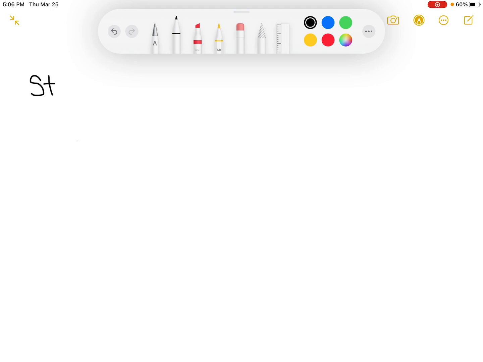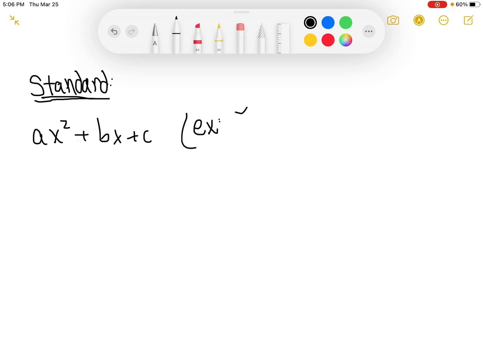There's standard form, and here's how to spot what it looks like. In standard form, there will be something like ax squared plus bx plus c, in which a, b, and c already have numbers filled in for them, and you have to find x if you want to find the x-intercepts. The example is the one we just used in the last video: 2x squared plus 3x plus 9.